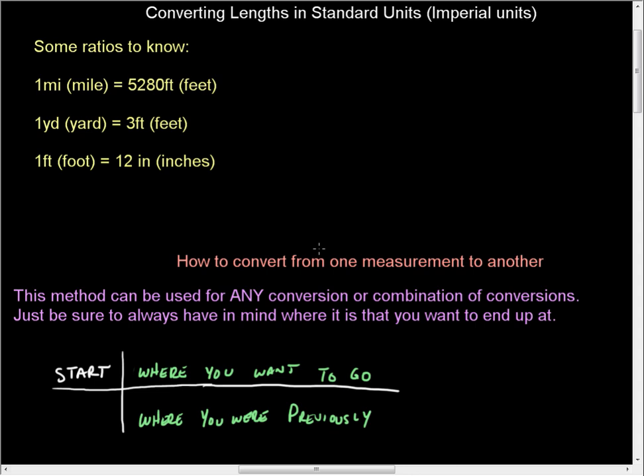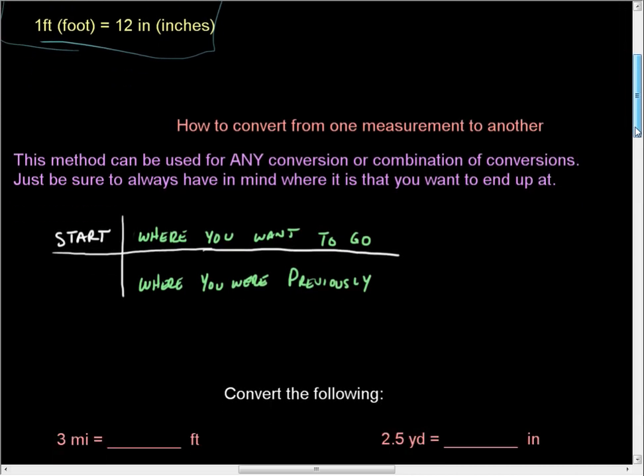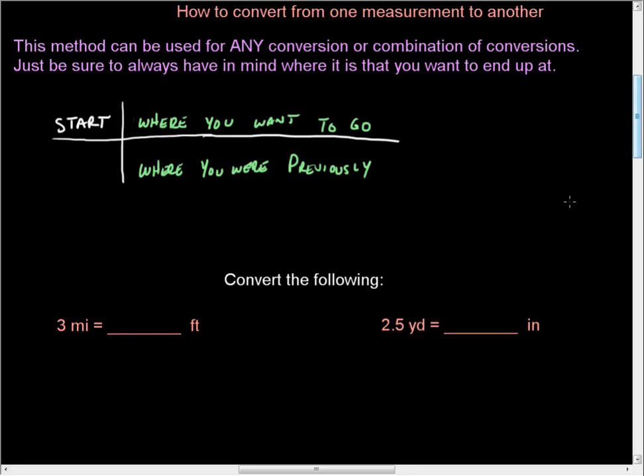When you're working with conversions, you have to know these ratios. If you don't know these ratios, it's really going to hurt. If you Google it, there are several different printable sheets out there that give conversions from imperial to imperial units, from metric to metric, and then from imperial to metric. So let me demonstrate a couple of examples here and how I convert.